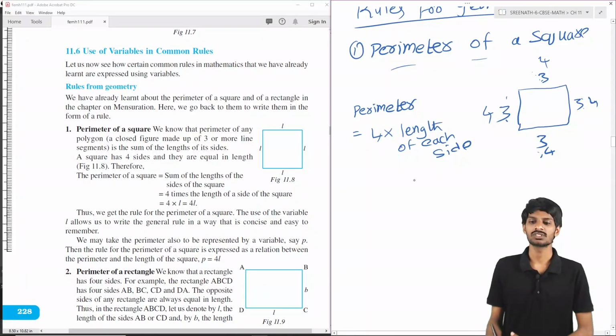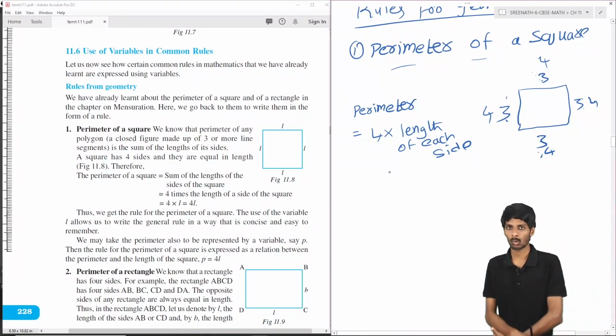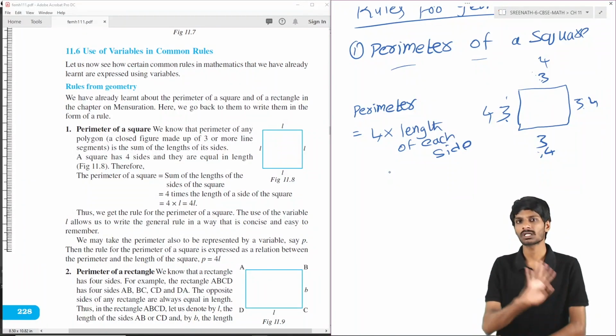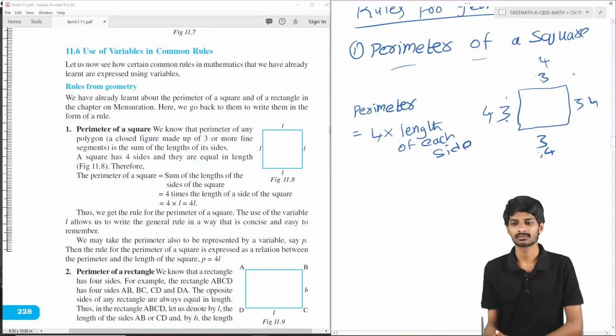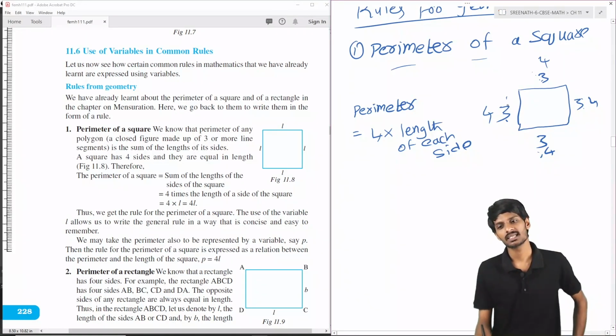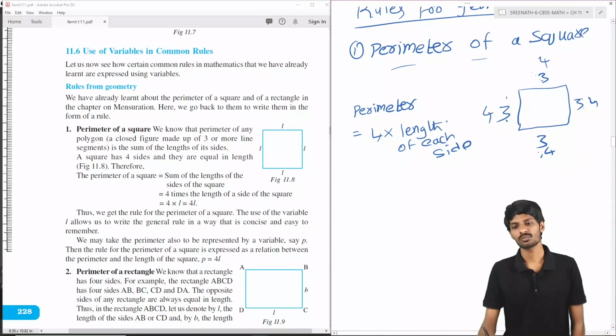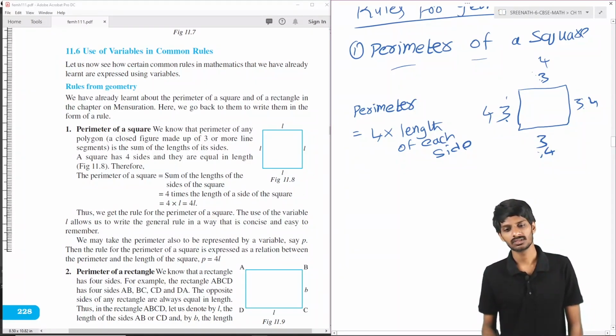This is the formula, students. This is the rule, basically. Perimeter is the total length of the boundary. There are 4 sides and each side length is the same. So this is the perimeter, students.